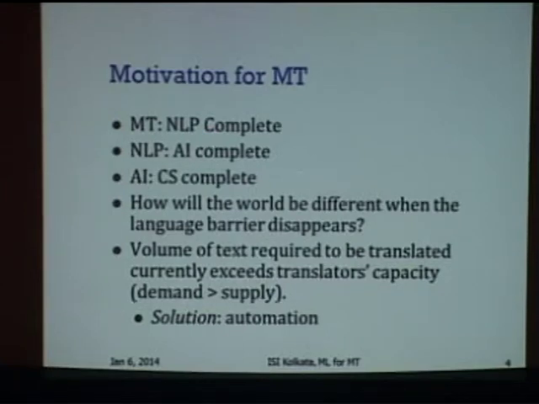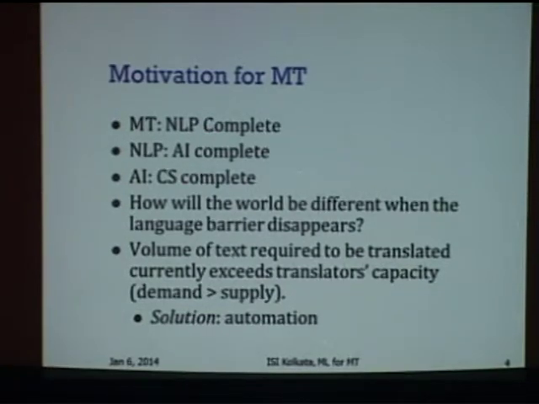Natural language processing drives AI. AI drives CS. If you look at the history of computer science, artificial intelligence, and so on, many problems actually originated in the need to do text processing, language processing. And there is no doubt that machine translation is an extremely relevant problem in today's world. It's a multi-billion-dollar industry. All the major players like Google, IBM, Microsoft have great interest in machine translation.